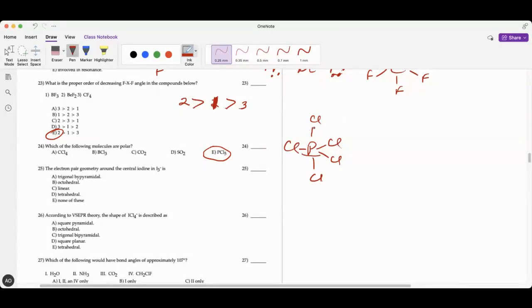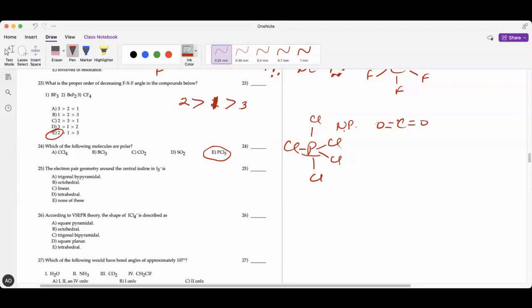This has loads of symmetry, so this is non-polar. Carbon dioxide, same thing. It's non-polar. It's linear. Both bonds are polar, but think of it as a tug of war, right?